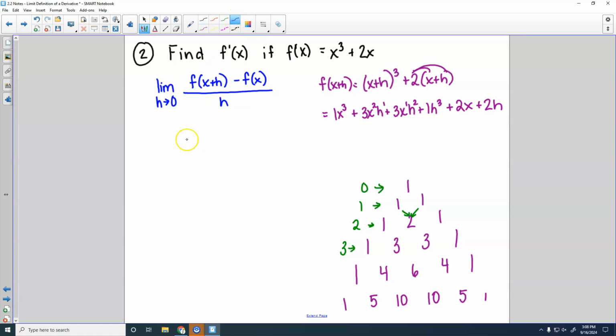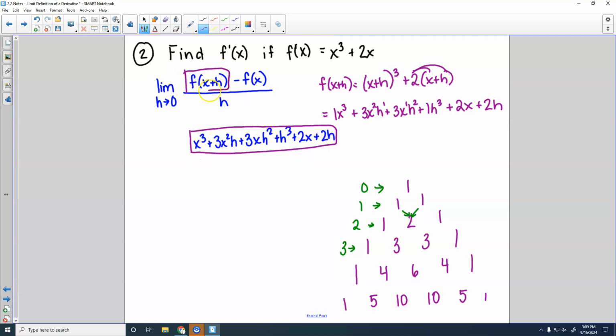It's going to look like this: x cubed plus 3x squared h plus 3xh squared plus h cubed plus 2x plus 2h. All of this is just f of x plus h. You're going to need some room for these problems.